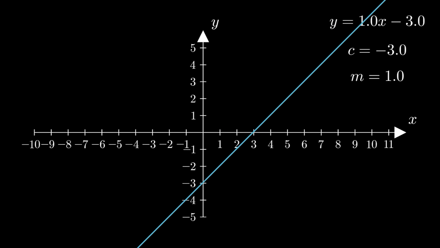When we set c to -3, we observe the line passing through the first, third, and fourth quadrants simultaneously.